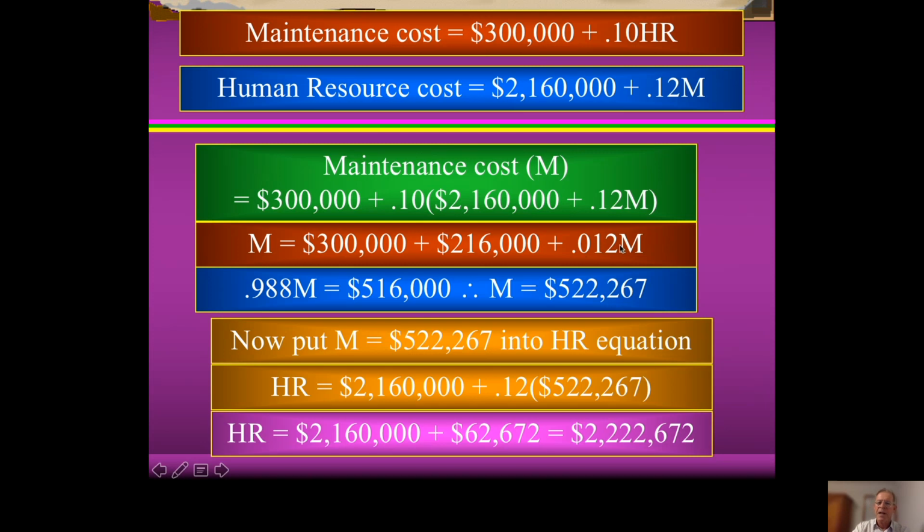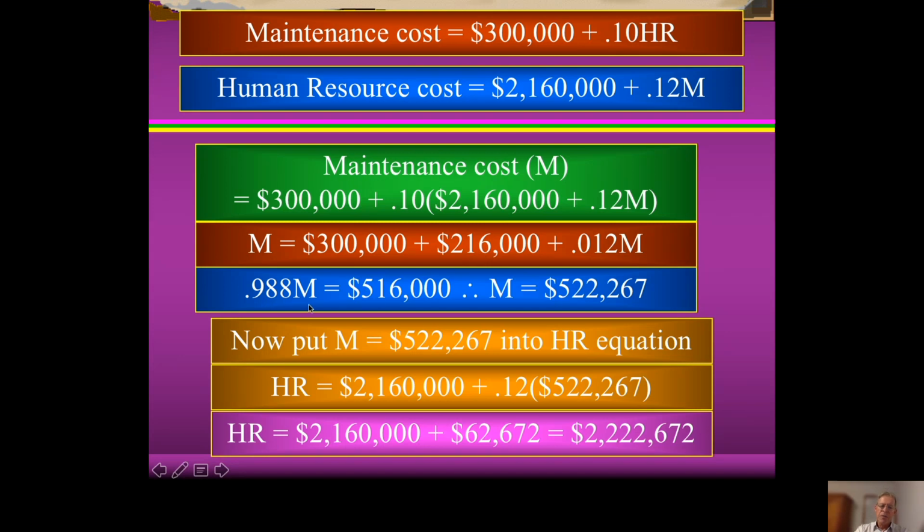We need to get all of the M's onto one side of the equation so we can solve it. So let's subtract 0.012 M from both sides. So we get one lot of M minus 0.012 M, leaves me with 0.988 M, which equals these two added together: 300,000 plus 216,000, 516,000.